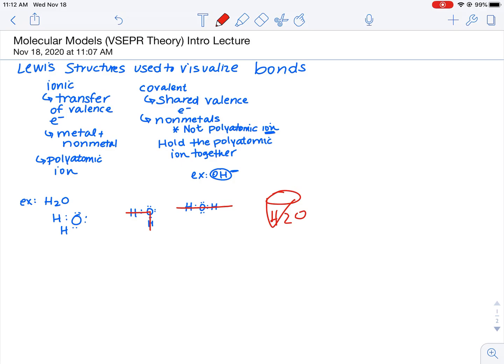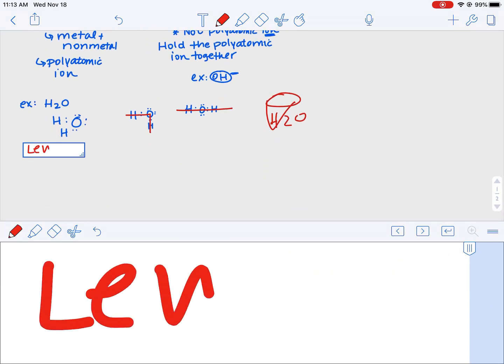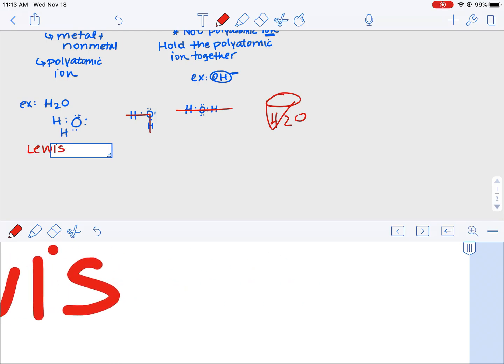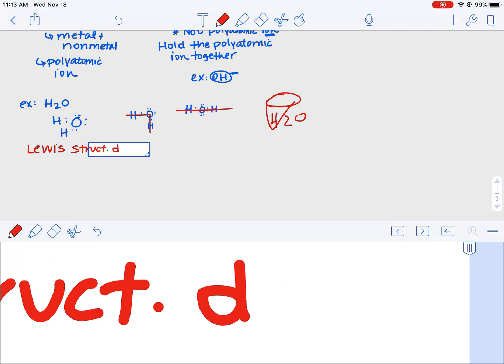Even though Lewis structures are showing us how the electrons are shared, the Lewis structures have a limitation. The Lewis structures do not show us the shape of the molecule.